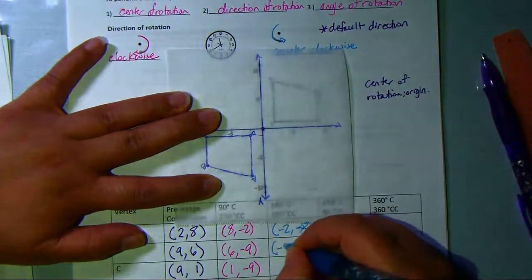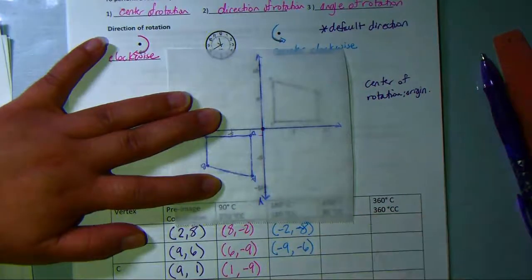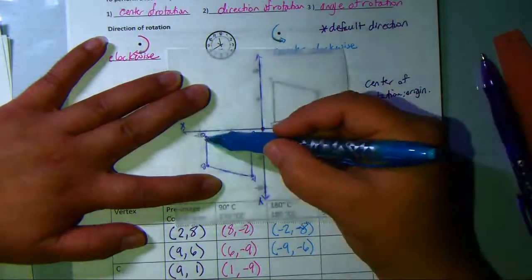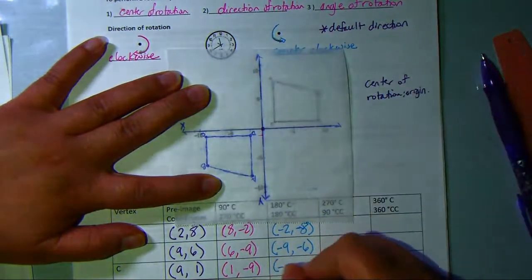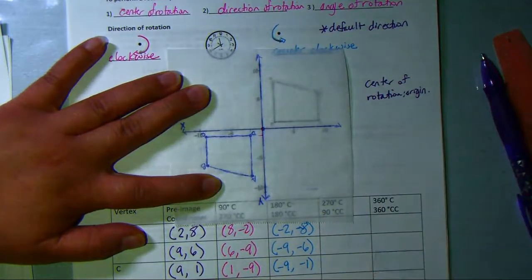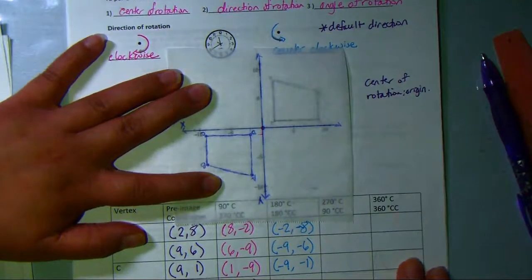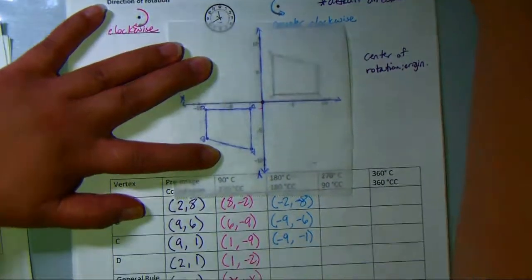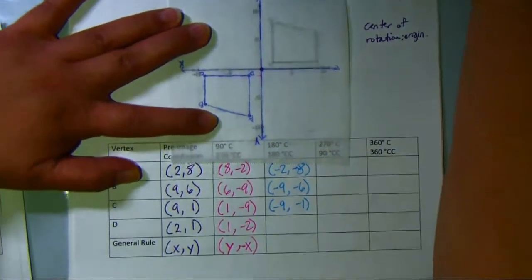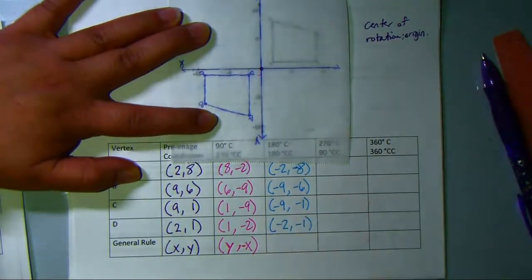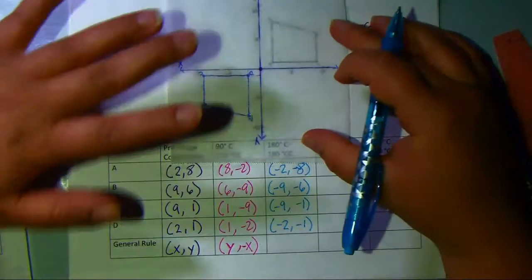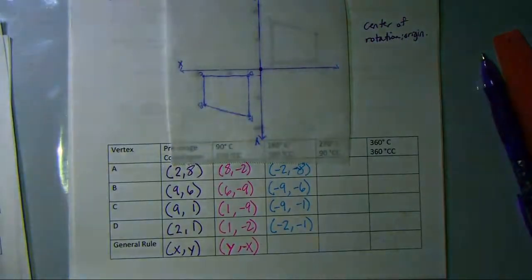Okay, my C looks to be at a -9 and -1. And my D looks to be at a -2, -1. So there are my points there.